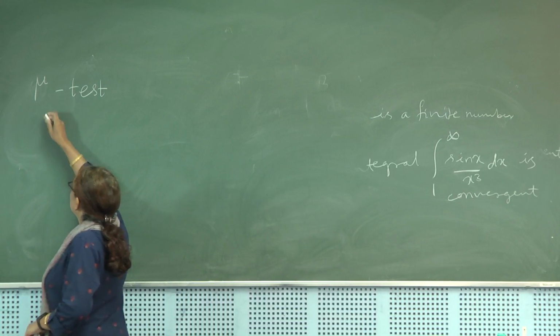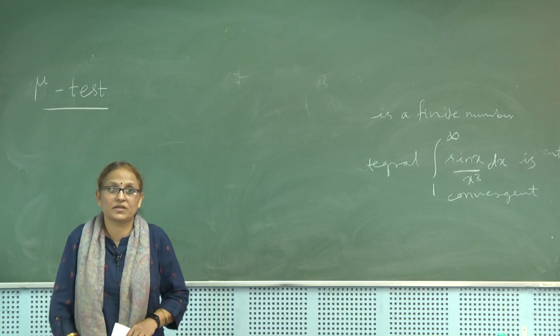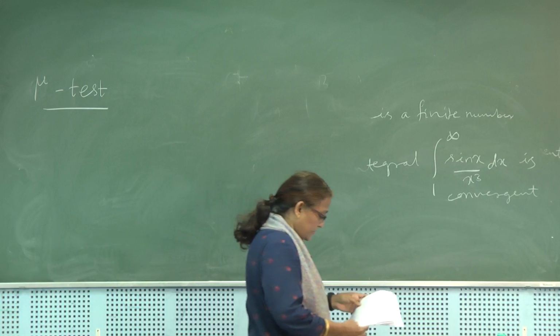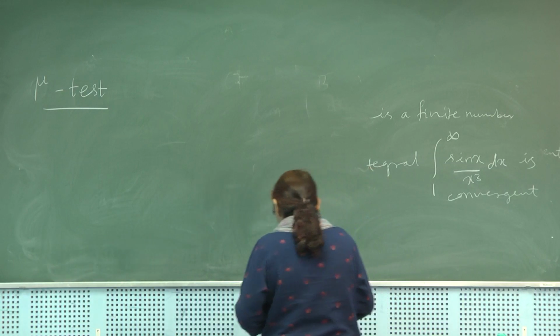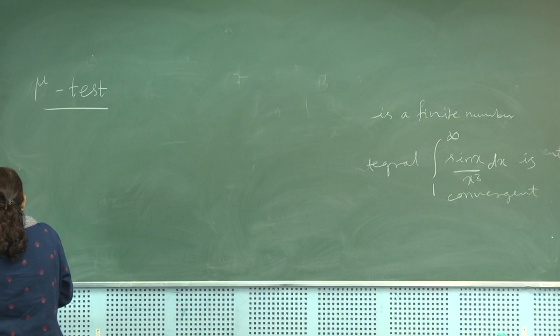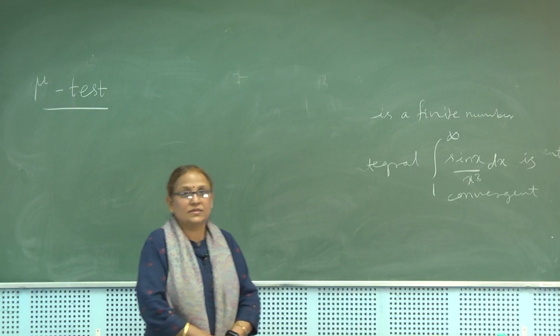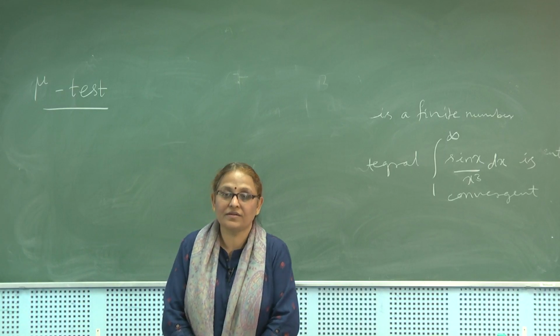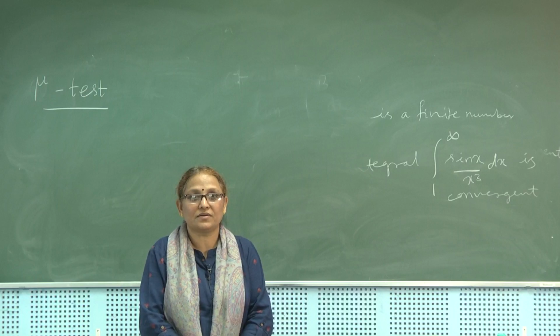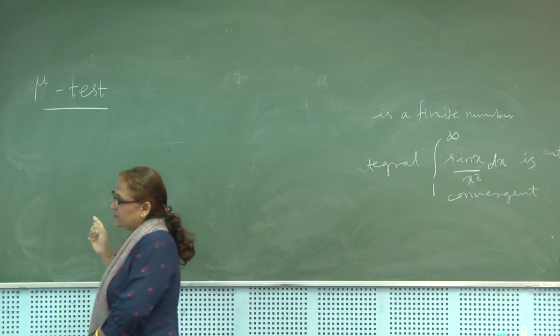Well, for this mu test for the convergence of improper integrals, here again we shall consider the type 1 improper integral. In the case of the comparison test, we had considered only type 1.